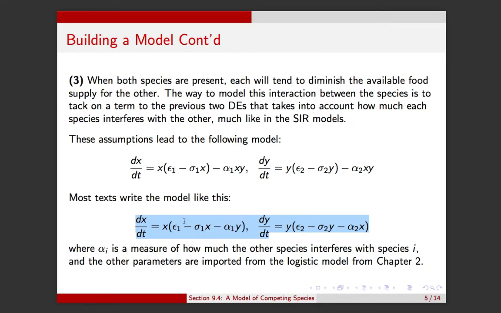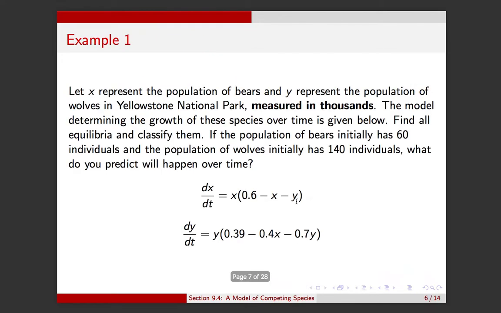Epsilon 1 contains a growth rate, sigma 1 contains a carrying capacity, and alpha 1 contains a competition number: how much are the two species interfering with each other, and how bad is that for species X. And then Y has its own 3 parameters. So this is nice. It's basically saying, take the logistic models from chapter 2, which we spent some time thinking about, and modify them with an SIR-style contact interaction term inside the differential equations.